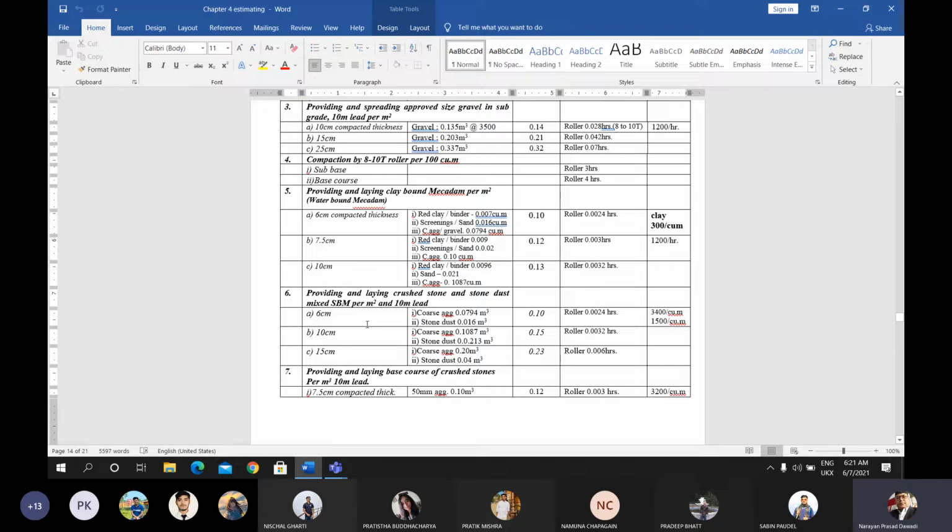Now, for 6 centimeter compacted thickness, the coarse aggregate is 0.0794 and the stone dust is 0.016 cubic meter. For the 10 centimeter compacted thickness, the coarse aggregate will be 0.1087 and the stone dust 0.213 meter cube.